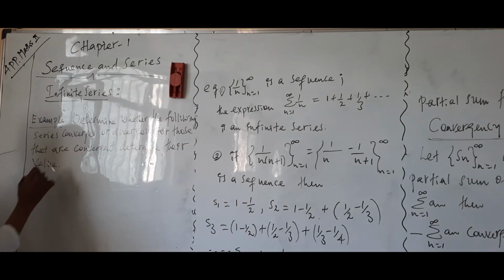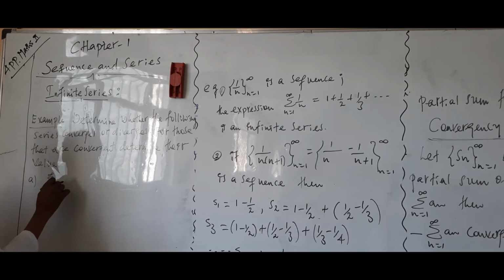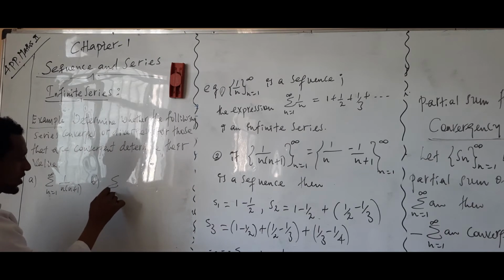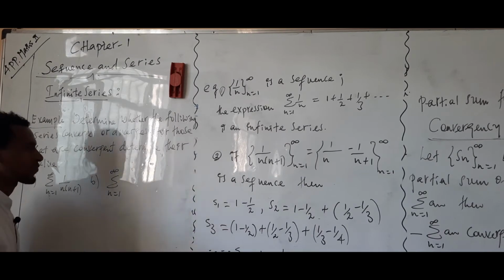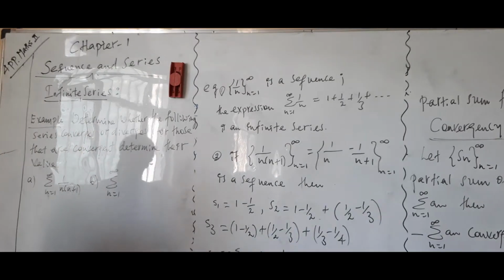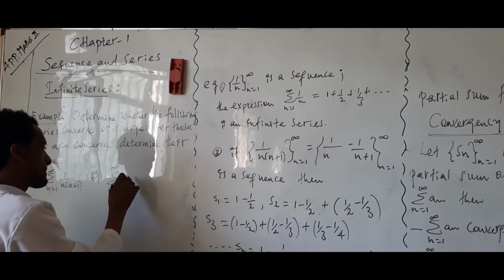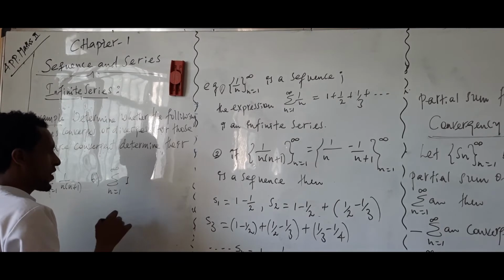Determine their value. One, the sum n from 1 to infinity, say 1 over n into n plus 1. B, the sum n from 1 to infinity, say 1.